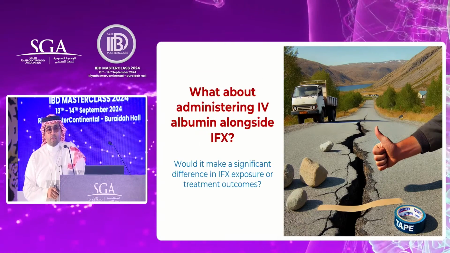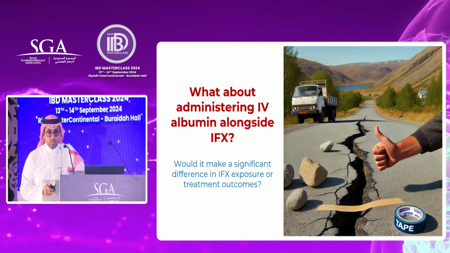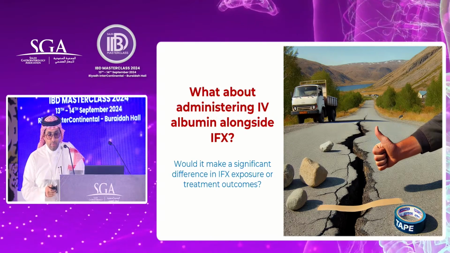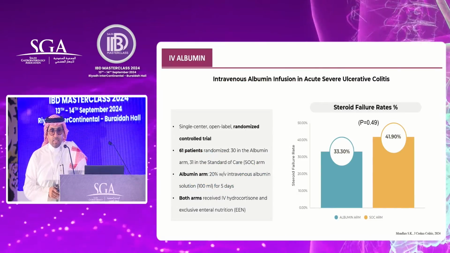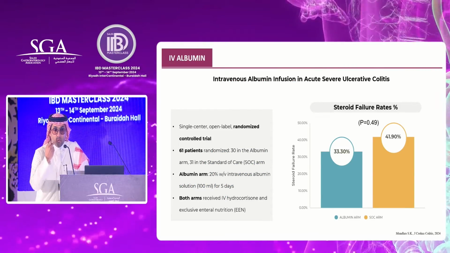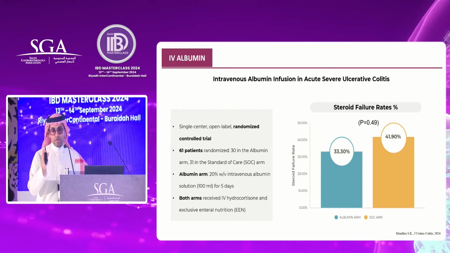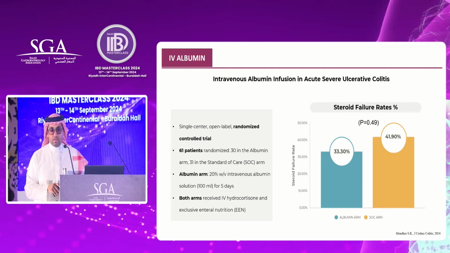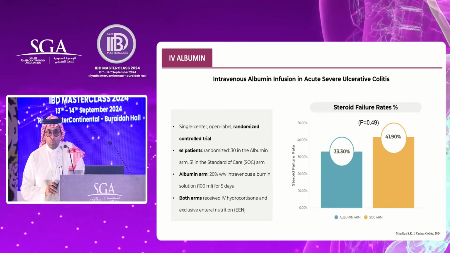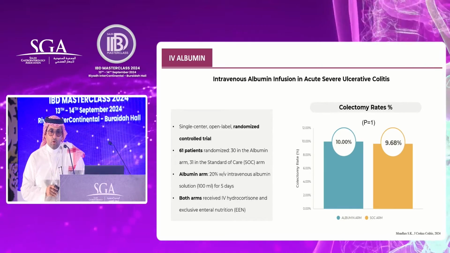So what about giving IV albumin with infliximab, would this help infliximab exposure and treatment outcome? This is a single-center randomized controlled trial of 61 patients, in two groups, an albumin arm and a standard arm, and they found there is no difference between the two groups in terms of steroid failure rate and also colectomy rate.